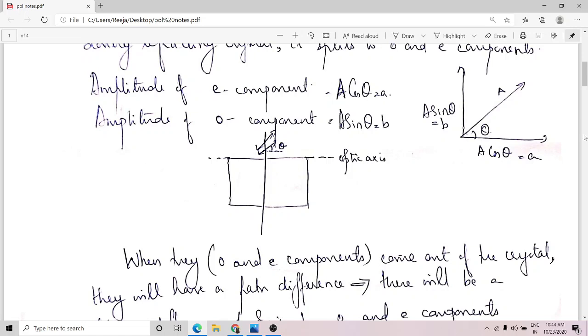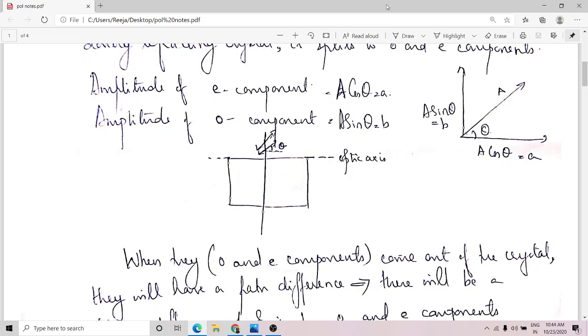The E component, with vibrations along the x-axis, has an amplitude A cos theta, equal to small a, and the O component, with vibrations along the y-axis, has an amplitude A sin theta, equal to small b, where capital A is the amplitude of vibration of the plane polarized beam.